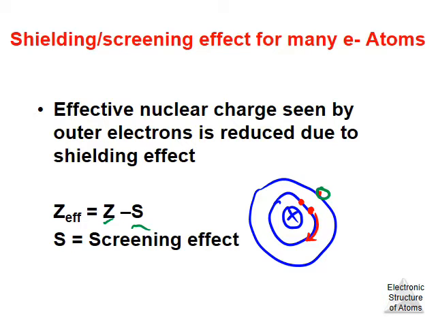So electrons in outer orbitals would be seeing a reduced amount of positive charge, and that's why the attractive force towards the nucleus is going to be decreased because of the screening effect. And that's why 2s and 2p orbitals would no longer have the same energy. 3s, 3p, 3d, which had the same energy for a one-electron atom, will not have the same energy.